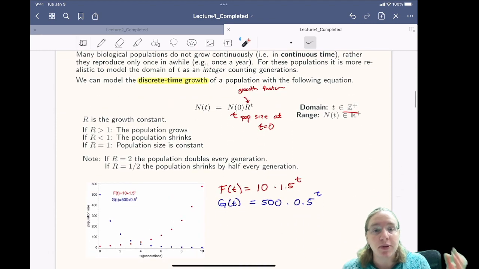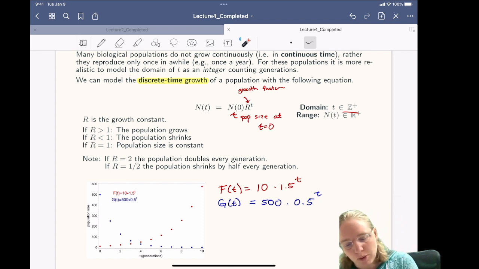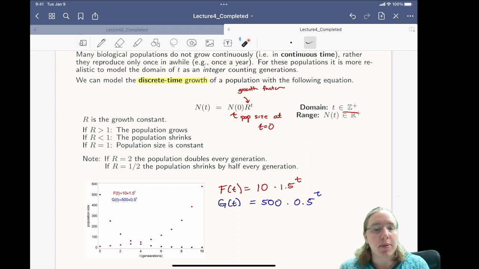If things reproduce on a schedule, for example, they set seed at a particular time or a particular season, or they have to all cluster in the ocean, for example, and release eggs and sperm into a water environment in order to reproduce, then they have this seasonal scheduled reproduction event. And in this case, it's often much more realistic to describe the populations in terms of generations. And so we might want a discrete time model of population growth.